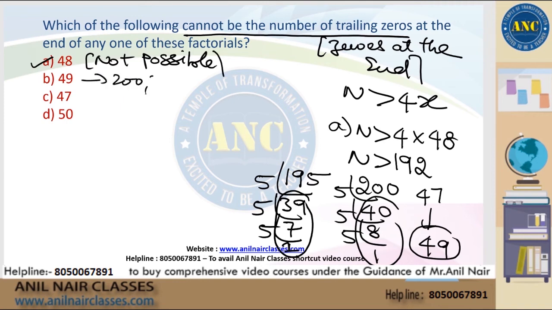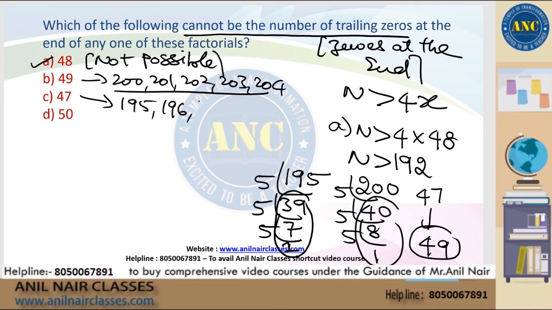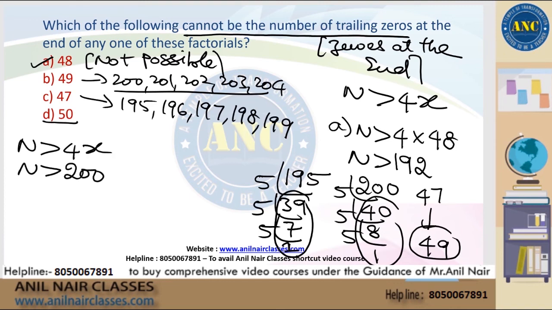For 200, 201, 202, 203, 204, it is 49. 47 is possible for 195, 196, 197, 198, 199. Then 50. N is greater than 4x, N is greater than 200.